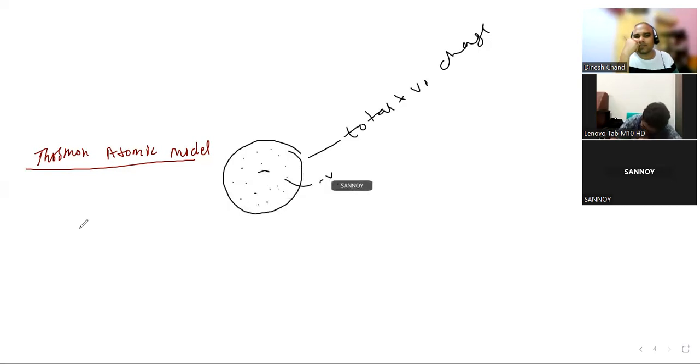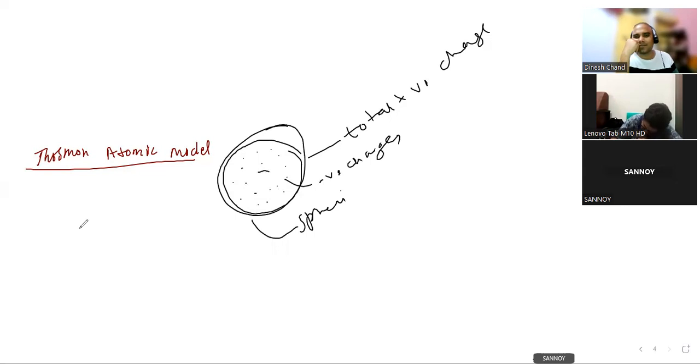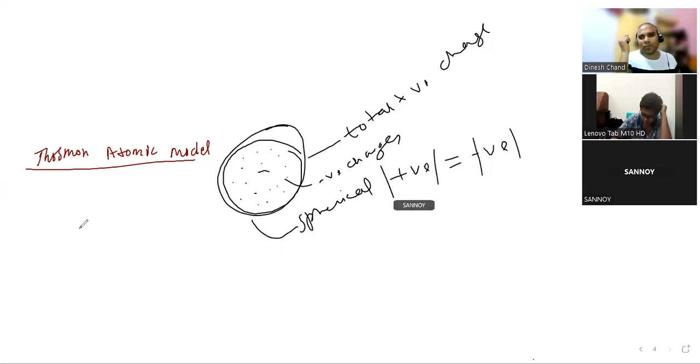This would be spherical in shape, and at the end the positive charge equals the negative charge, so the atom becomes neutral.